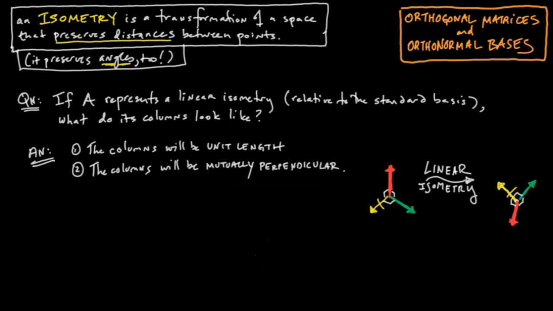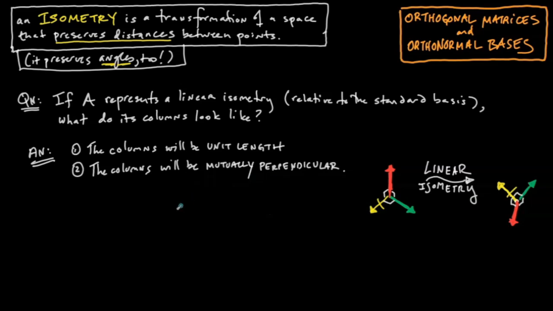And of course, even though I illustrated this with an example in R3, the same would hold in Rn more generally, because the standard basis vectors of Rn have unit length and are mutually perpendicular. And so if we apply an isometry which preserves both distances and angles, the images of the standard basis vectors, and therefore the columns of the isometry's matrix representation, will also have unit length and be mutually perpendicular.